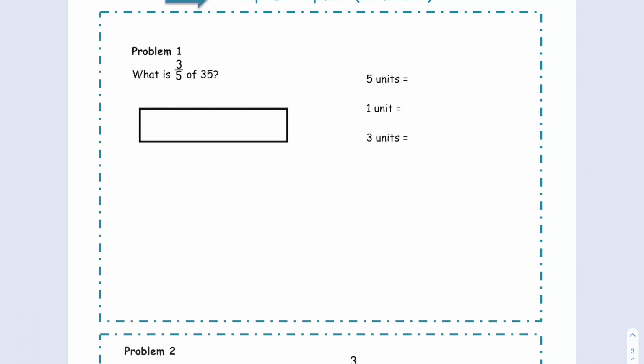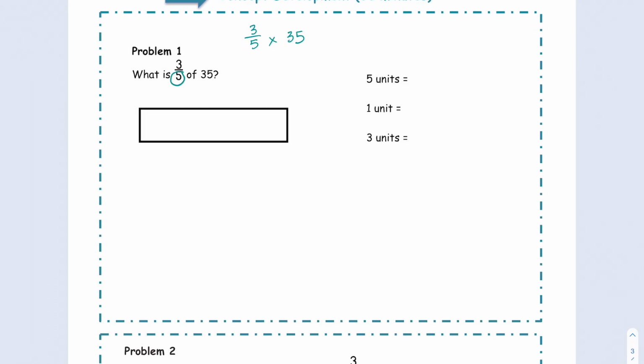Okay, let's continue on. So problem 1 says, what is 3/5 of 35? And we could rewrite that to be 3/5 times 35. So the first thing I want to do is take a look at my denominator.